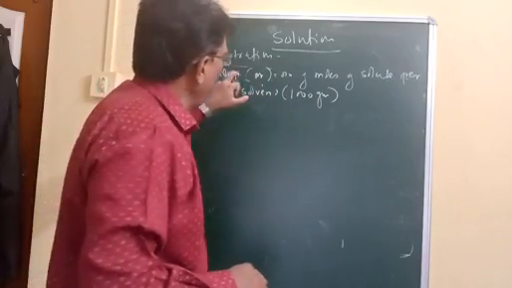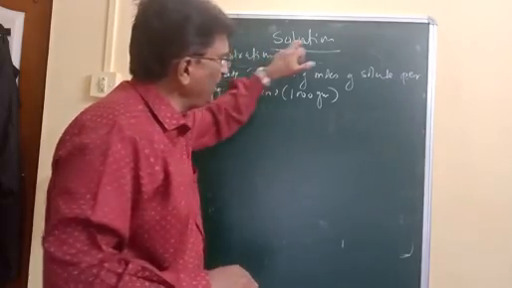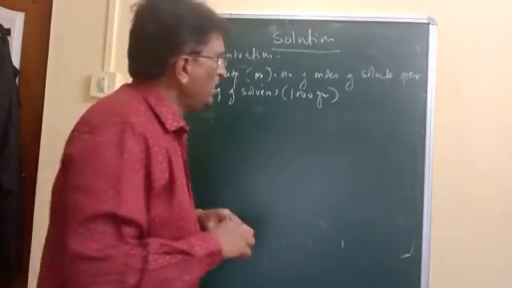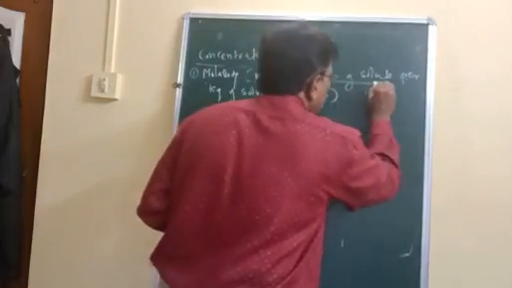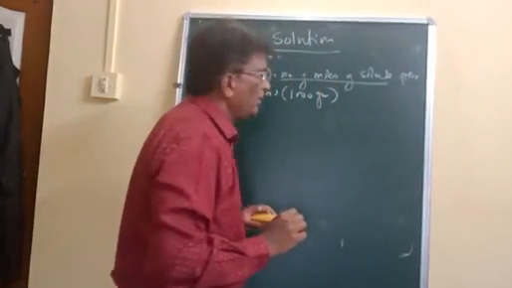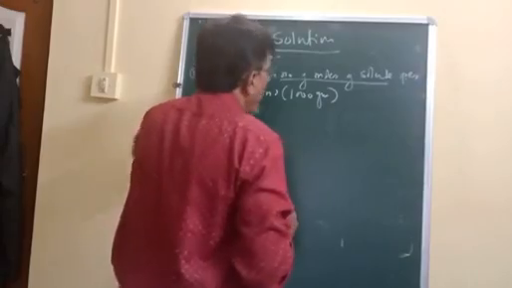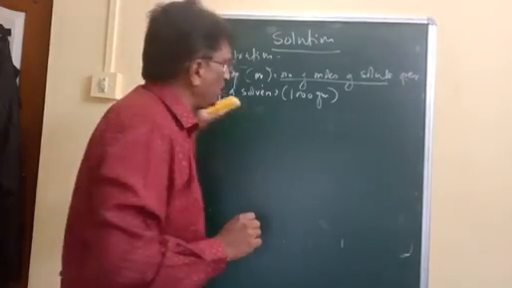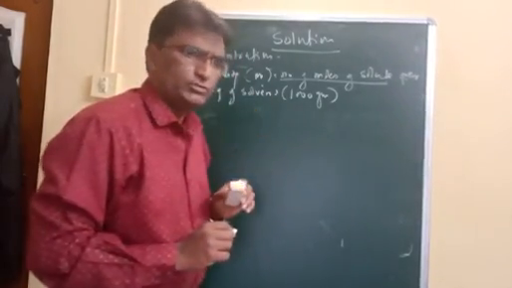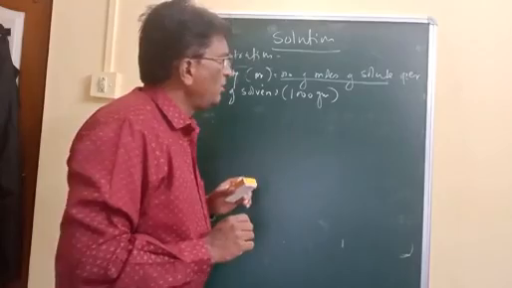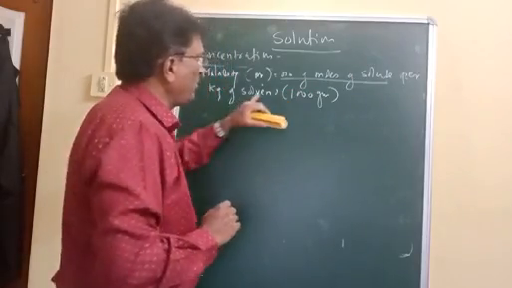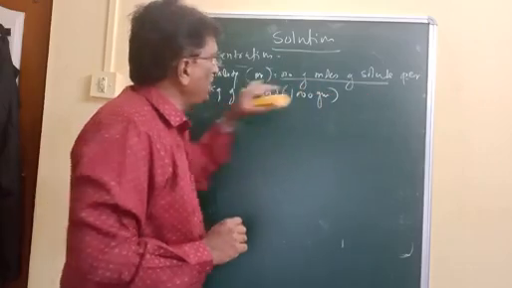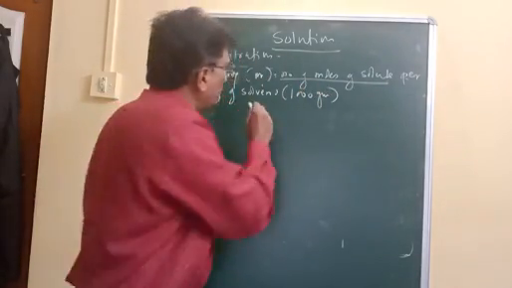Now see the difference between molality and molarity. Here number of moles same. Now instead of per liter or per dm cube of solution, here per kilogram of solvent. In molarity, per dm cube of solution.